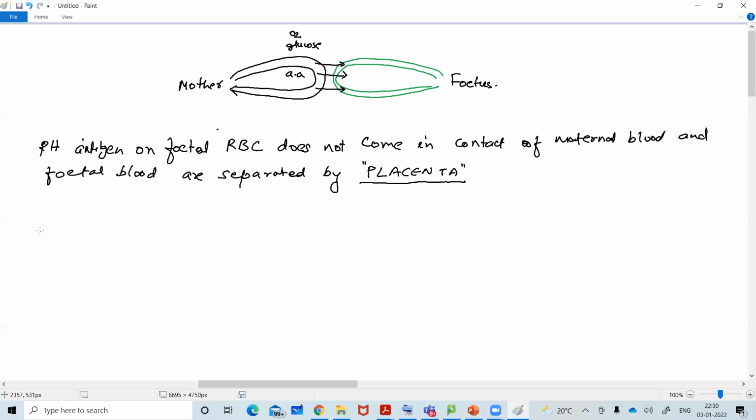But during parturition, mixing of blood takes place.